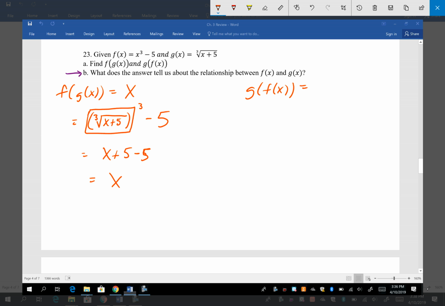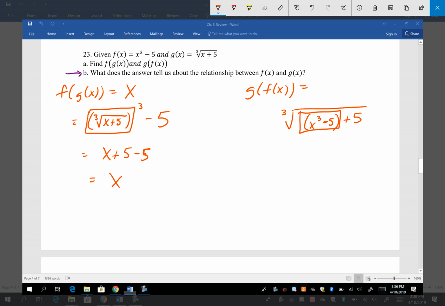So we have cube root of box plus 5. Hopefully your brain can see I just wrote this function, but I left a space for x, which is going to be x cubed minus 5, the other function. You'll notice there's nothing happening in front of that parentheses, so I can imagine the parentheses go away.